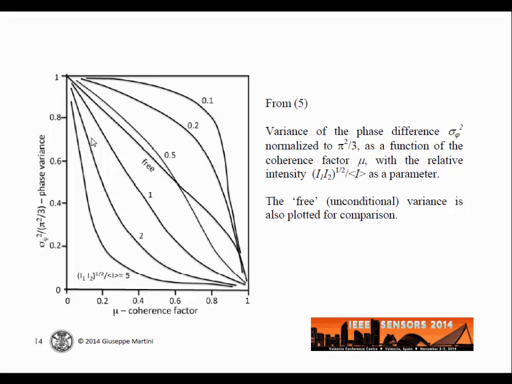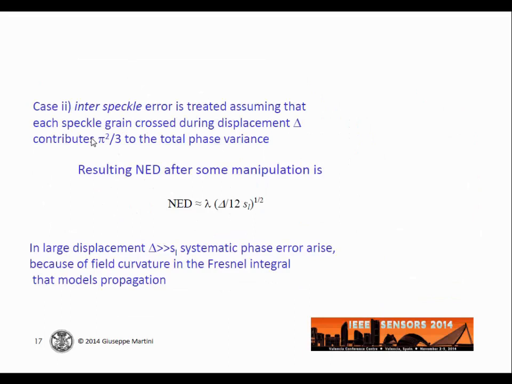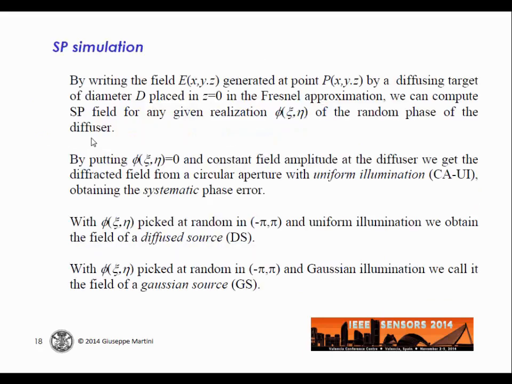What we can see here is that here we have a phase error, and here we have coherence between the two points of observation, and we see that we get a lower phase error if we choose to measure between points with intensity higher than the mean intensity of the speckle pattern. Okay, here is a detail. And I skip over the interspeckle case because I have no time, sorry.